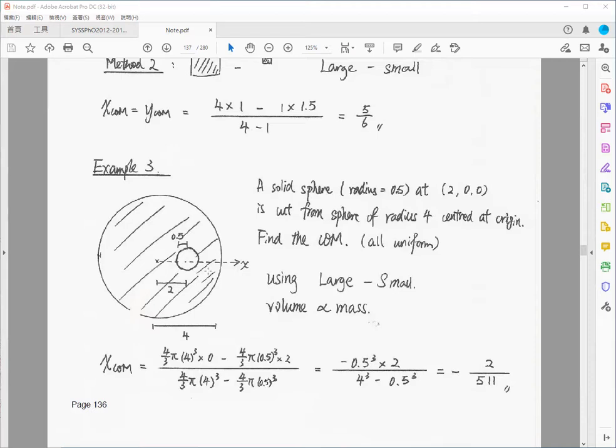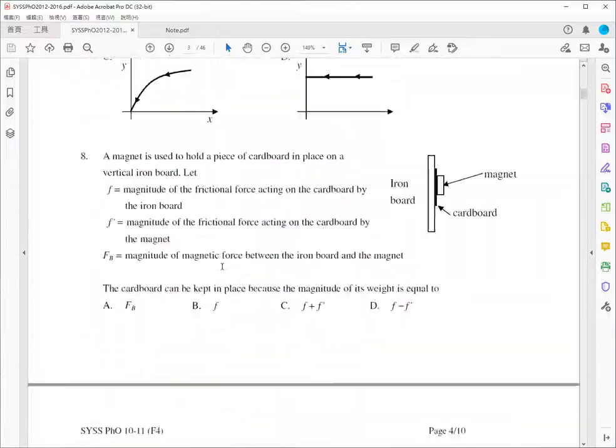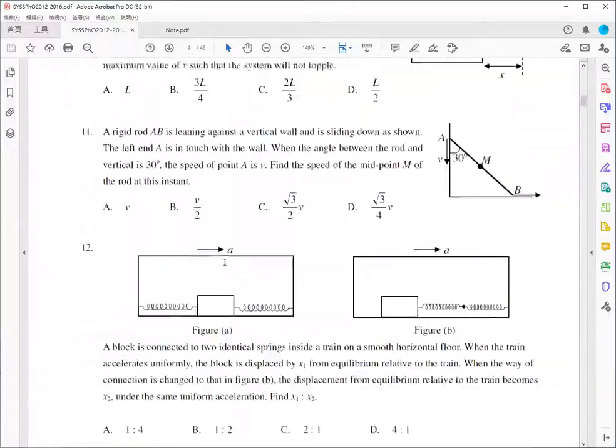Any question? If no question, then I would like you to do one exercise about the center of mass.